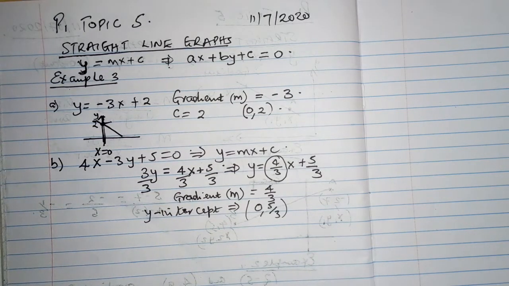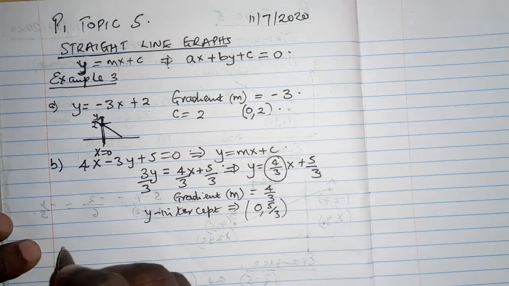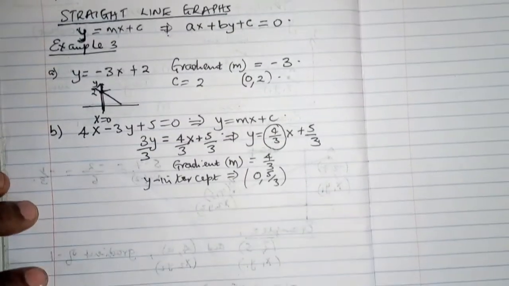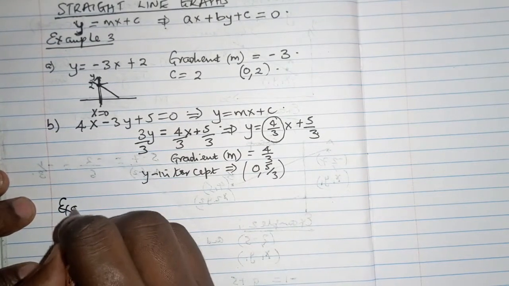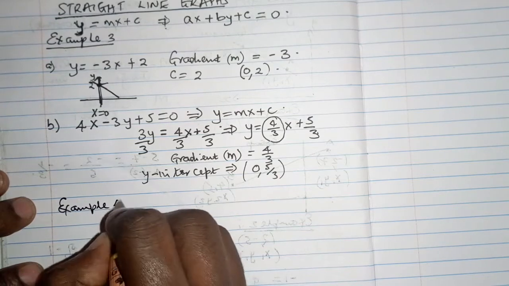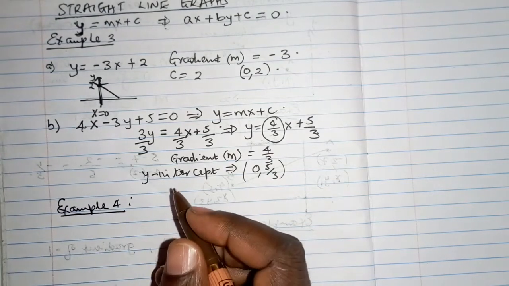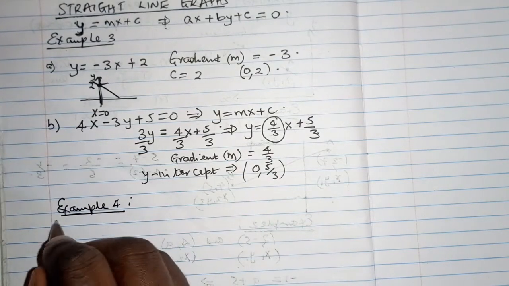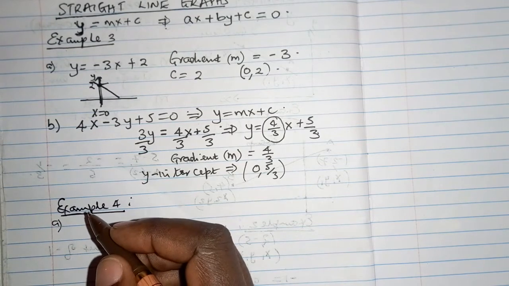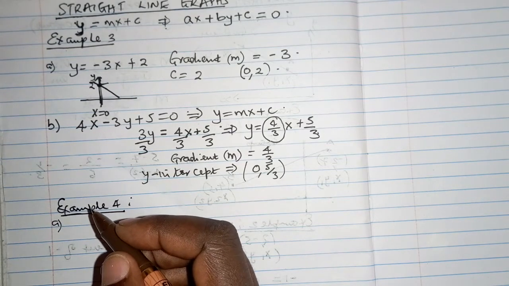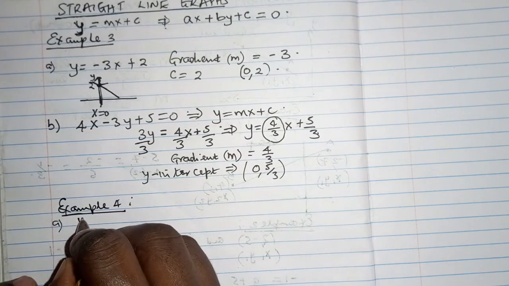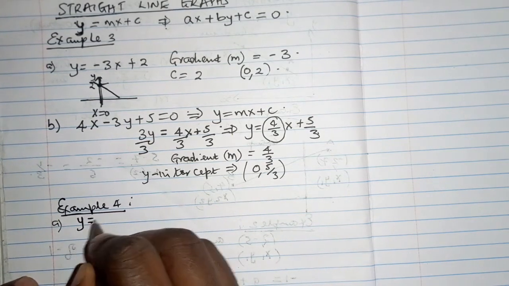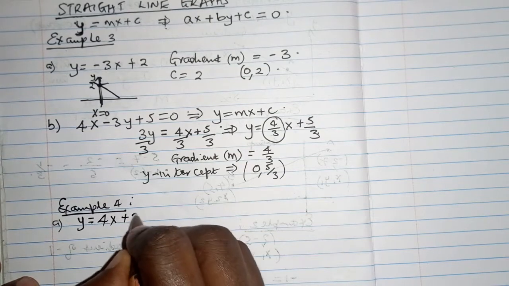I wish to combine this with example 4 because we have the same kind of reasoning. In example 4, part A, we are told to write these lines in the form ax plus by plus c. The first line is y equals 4x plus 3.